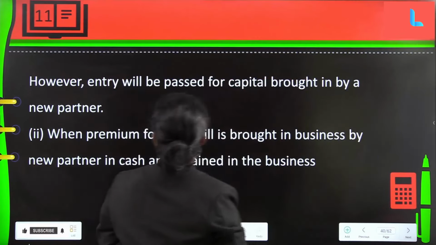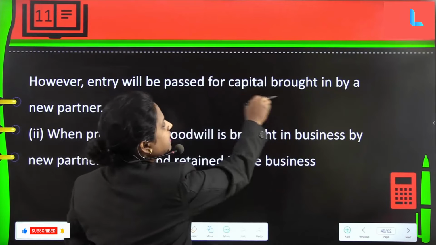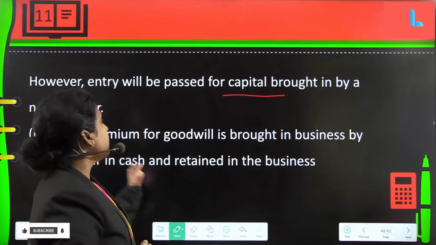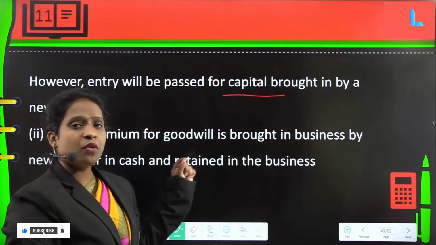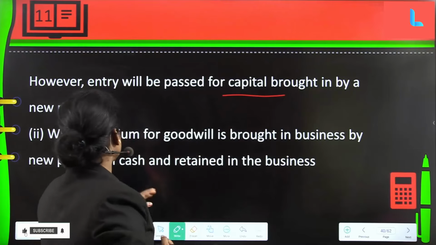However, an entry will be passed for the capital brought in by the new partner. Whatever capital is brought by the new partner, there will be an entry for this also. Right.